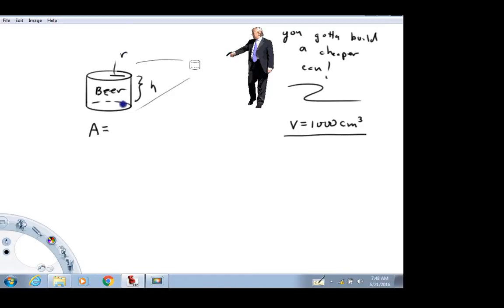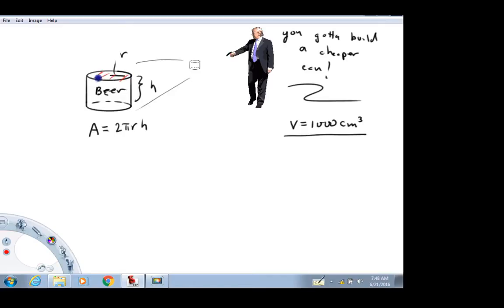Now the surface area: we've got a side surface area. The surface area of the round part of the can is going to be 2 pi r times h. The 2 pi r is the distance around, times h gives you the area of that side surface.